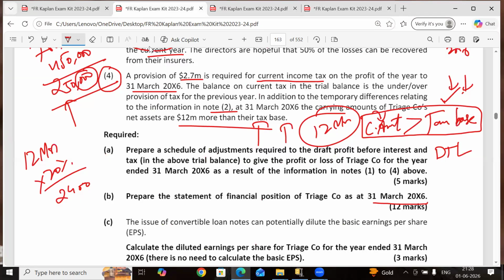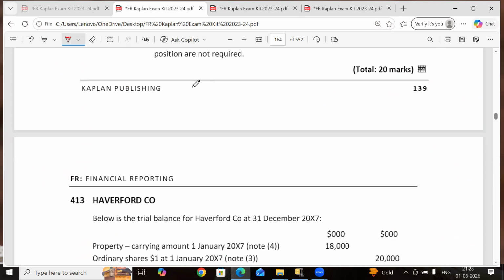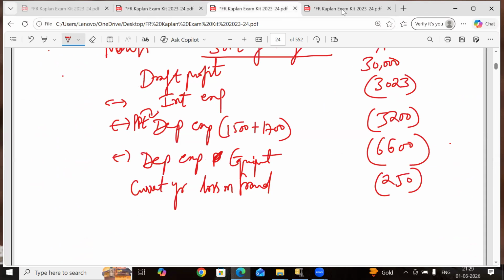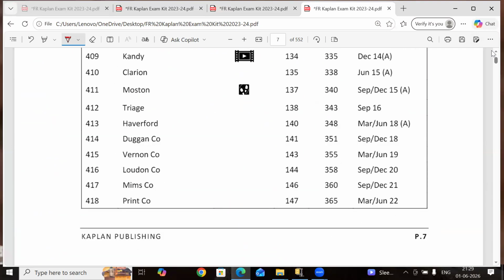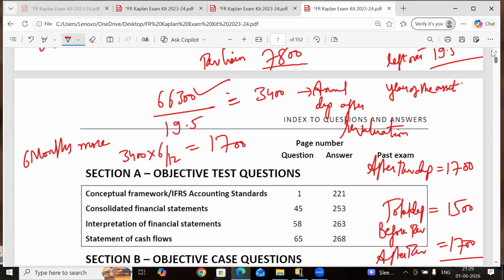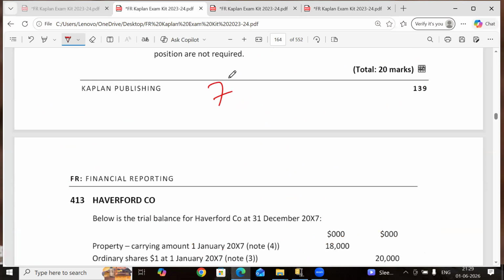And as you know, that last adjustment we discussed, in addition to the temporary differences relating to the information in note 2, that is, this note 2 was with respect to revaluation surplus. So you remember the asset, we took the working notes, right? We knew that the revaluation gain was 7,800. So 7,800 was the revaluation gain, with respect to work adjustment number 2.